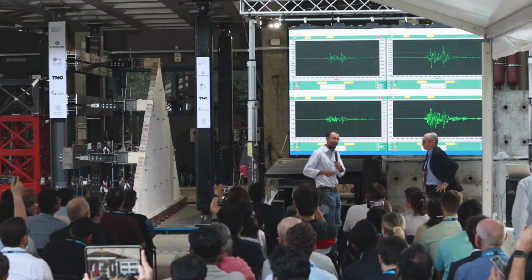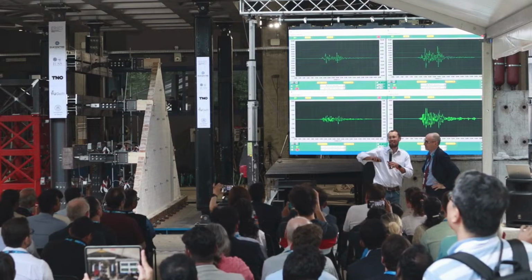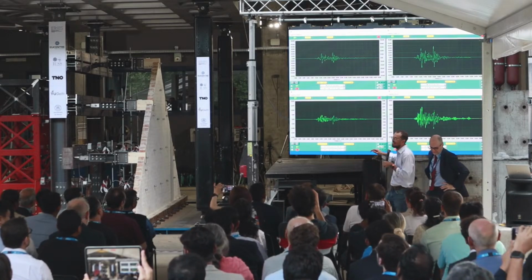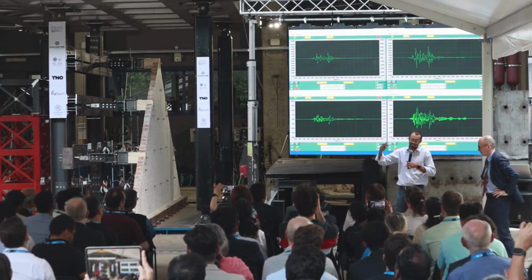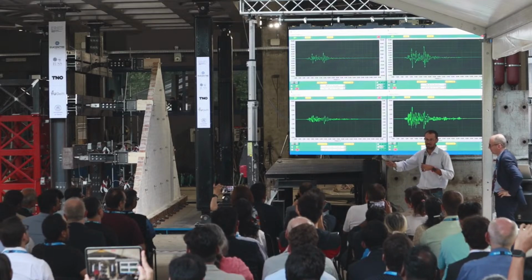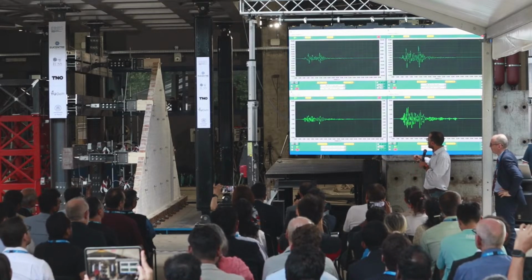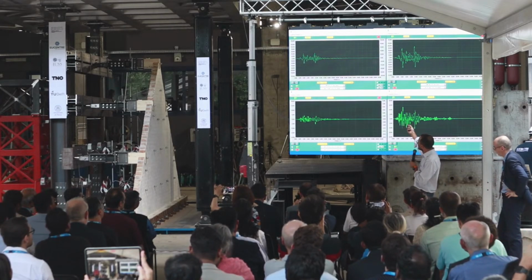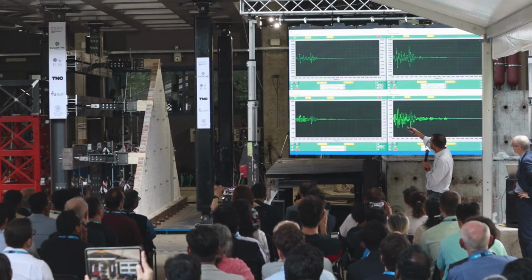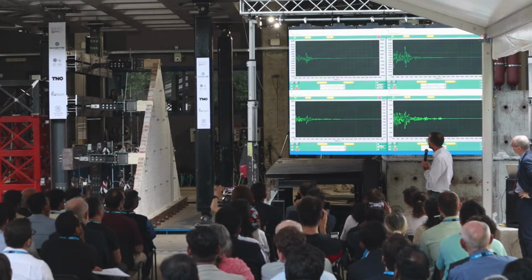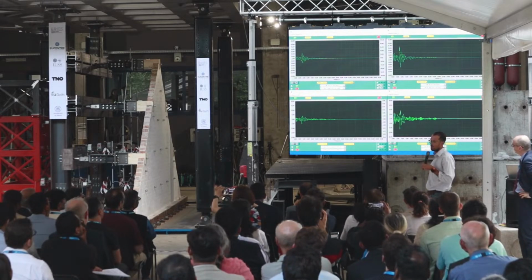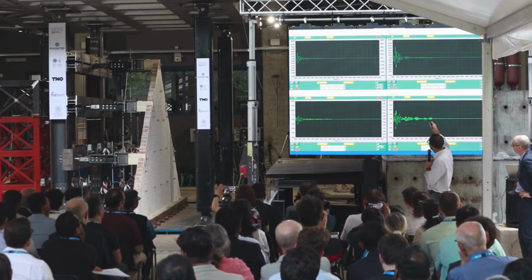Okay, as expected, in this run, we didn't have any collapse. We will see hopefully a collapse later on in the afternoon. Now, a couple of numbers. We had a displacement at the base of the shake table of about 40 millimeters, and at the top about 80 millimeters.